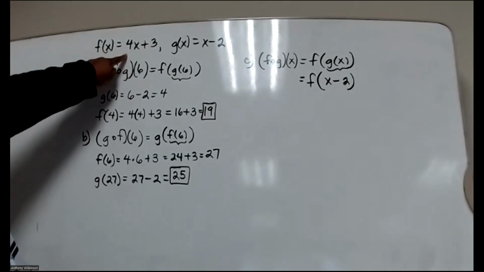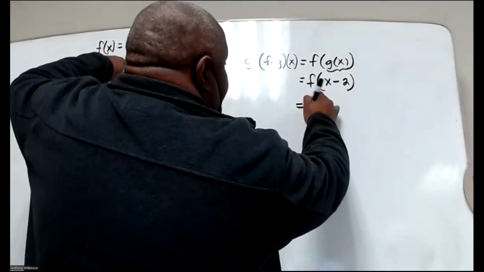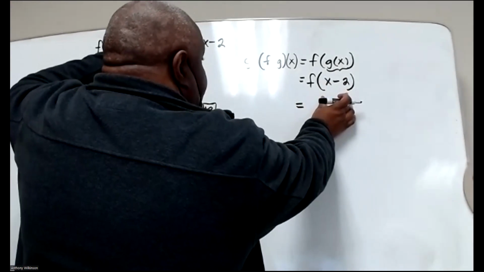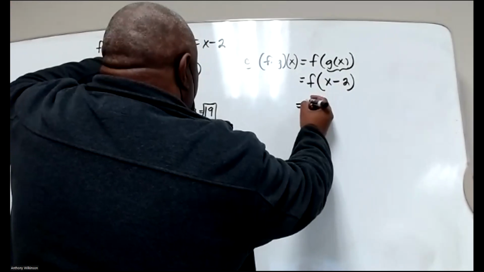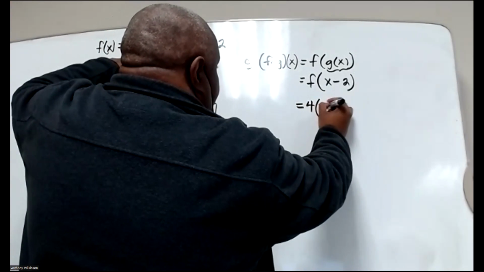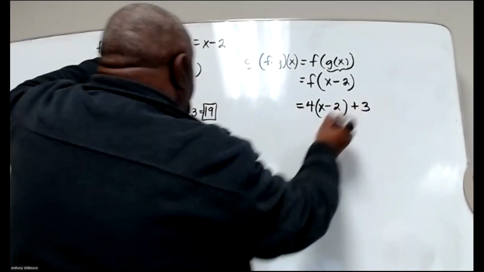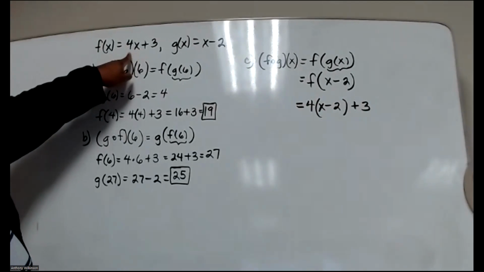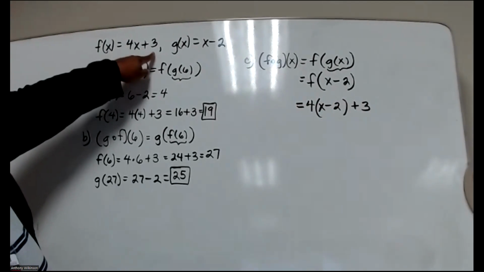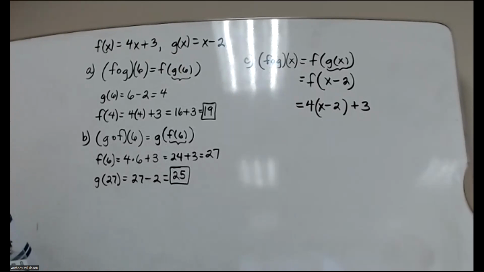However, what's f(x)? 4x + 3. And I'm evaluating f of x - 2. So for that x in f(x), I'm going to substitute it with that x - 2. So it'll be 4 times, in parentheses, x - 2, and then plus 3. Because f(x) is 4x + 3, this x is being substituted with what g(x) is, x - 2.